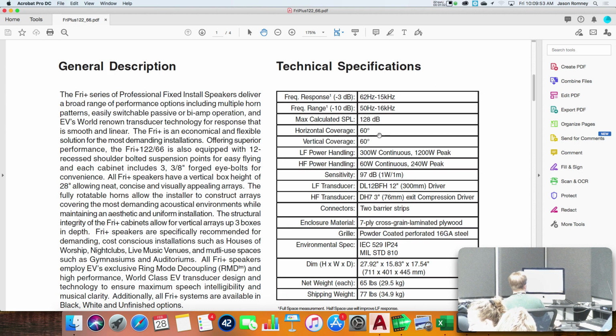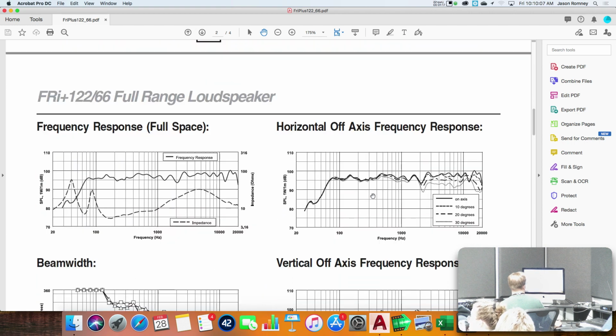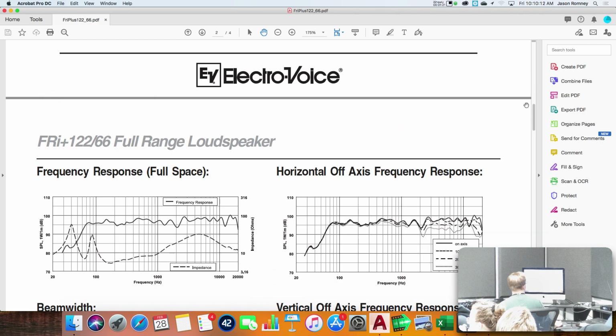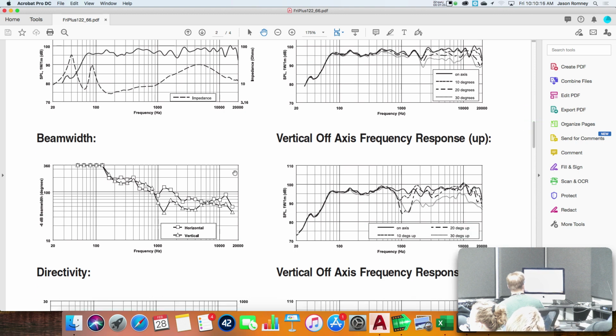So it says it has a horizontal coverage of 60 degrees and a vertical coverage of 60 degrees, which of course we know is, well, it's an oversimplification. It's far more complicated than that. In fact, if you start looking at the graphs, you would see that there's its beam width plot.